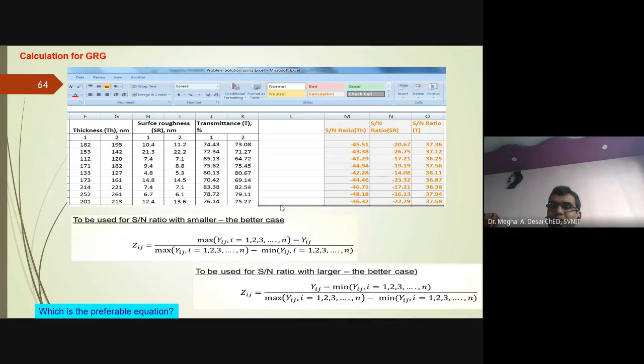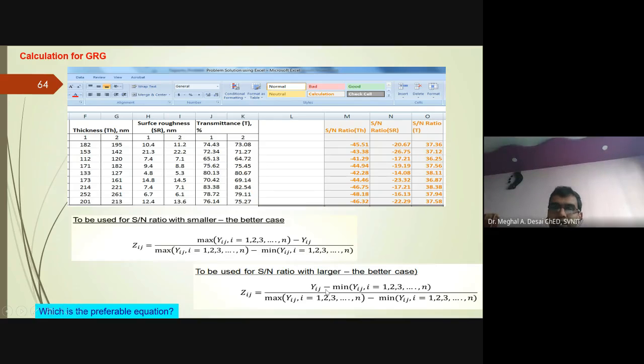So the moment you transfer your information from thickness to signal to noise ratio, it has become maximization. So don't use this. Use the signal to noise ratio for the larger the better case. Yes, if you are doing normalization first, then you need to use a different equation.